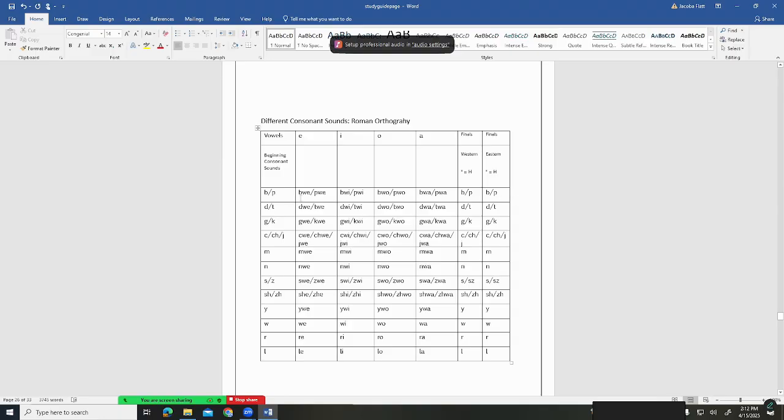You can notice the W in between the letters, which makes we, like the first one. Pwe, pwi, pwo, pwa. And the next one, the D sound, dwe, dwi, dwo, dwa. So you can hear the wa sound in this chart.